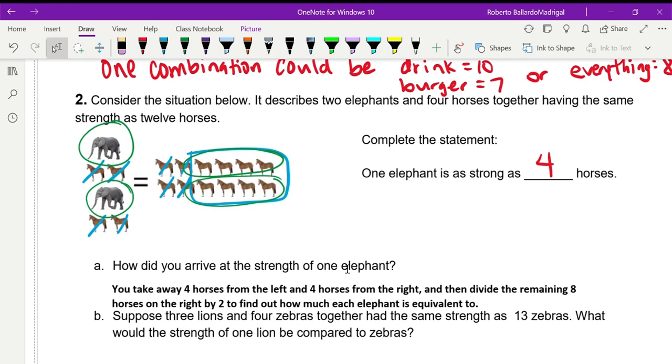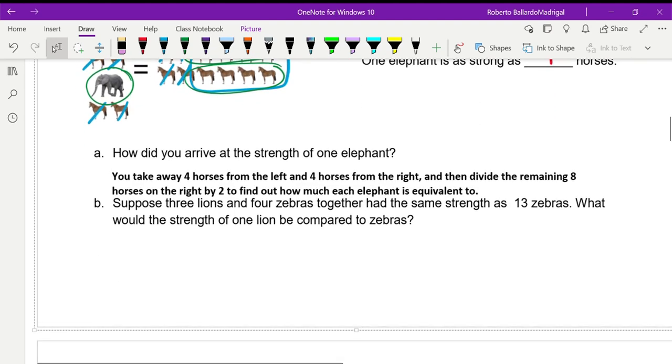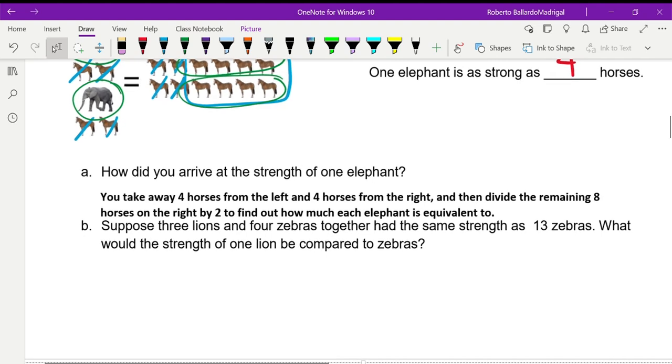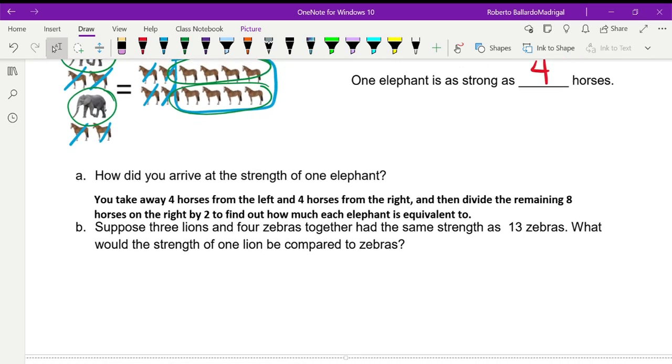Suppose 3 lions and 4 zebras working together had the same strength as 13 zebras. What would the strength of 1 lion be compared to the zebras? So how could we go about this? Let me draw. I can't draw a line, but I can try.